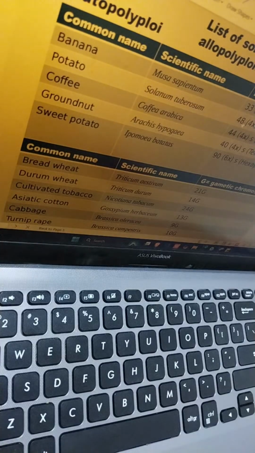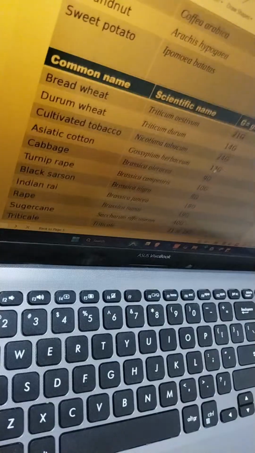Potato and sweet potato are 4x, coffee is 44, and groundnut is 40.